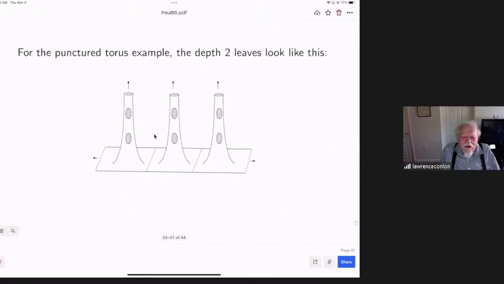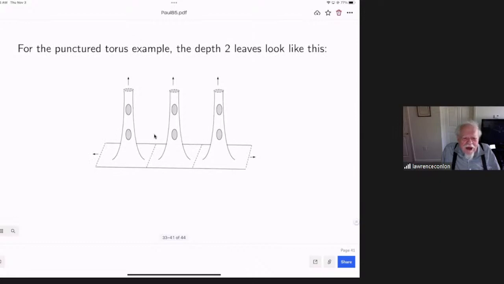Just for information, the depth 2 leaves in the punctured torus picture look like this. Those ends, infinitely many ends, which are punctured half cylinders, are winding in on the punctured torus.